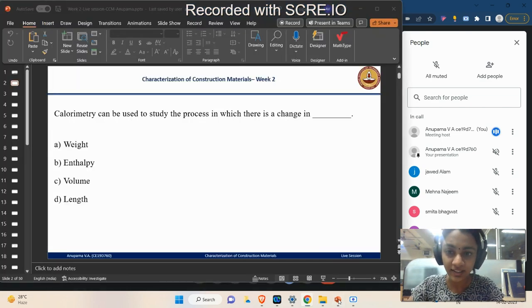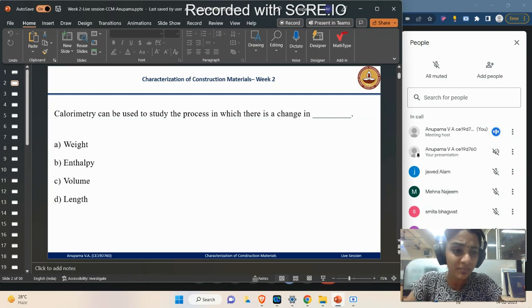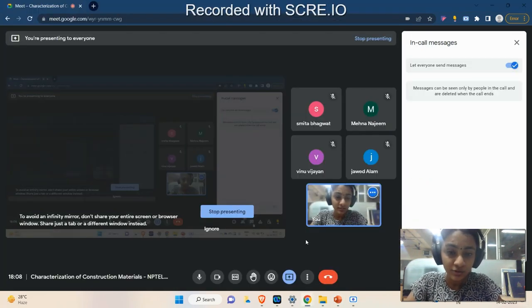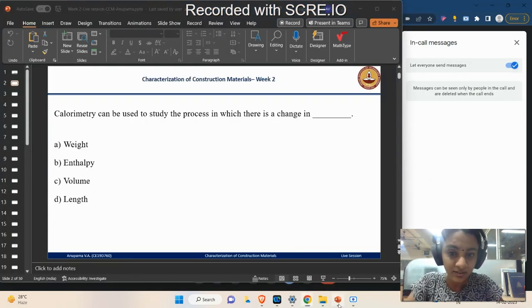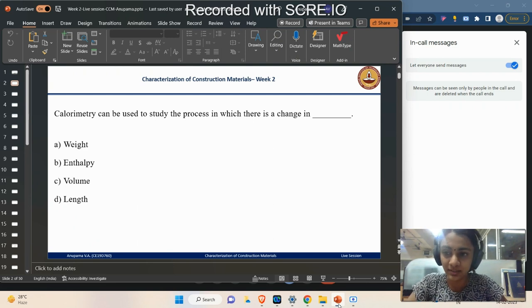Okay, so I go again to the first question for today's session. It's a very basic question. To use calorimetry, what should be there in the process? As in, what change has to be there? Is it weight? Is it enthalpy? Is it volume? Or is it length? Yes, Vinu has commented that it is enthalpy.